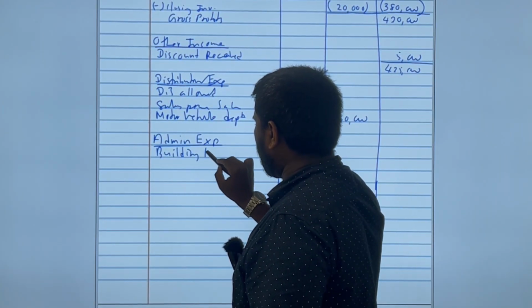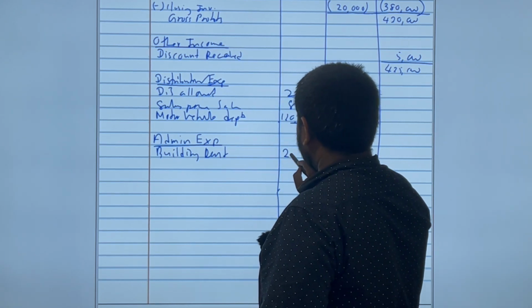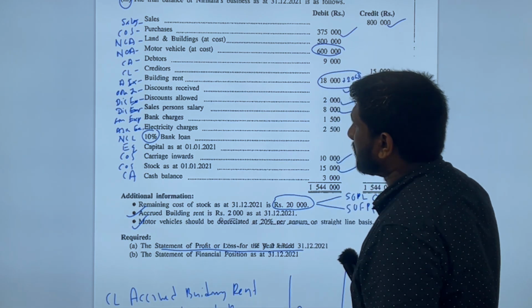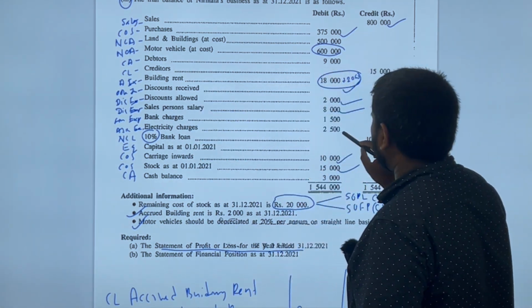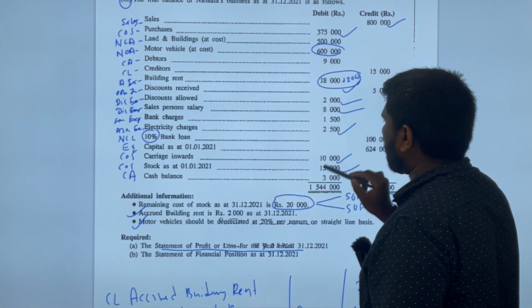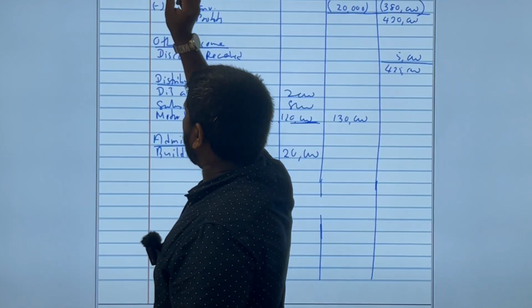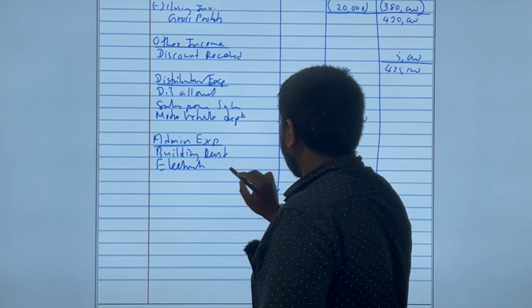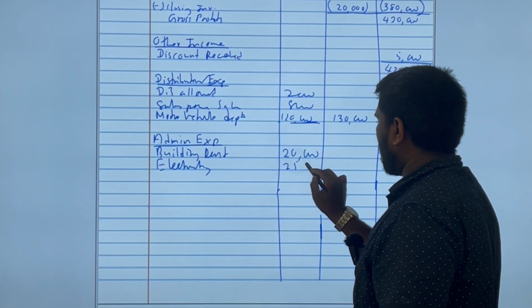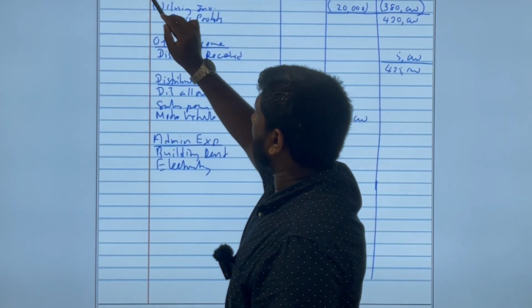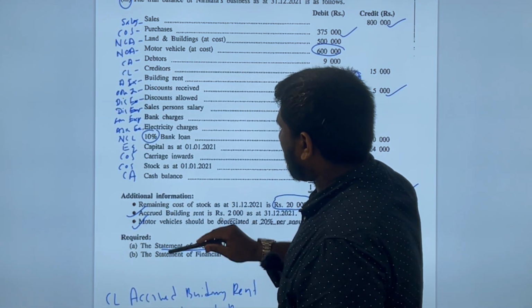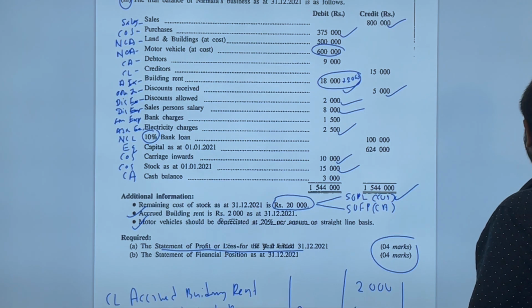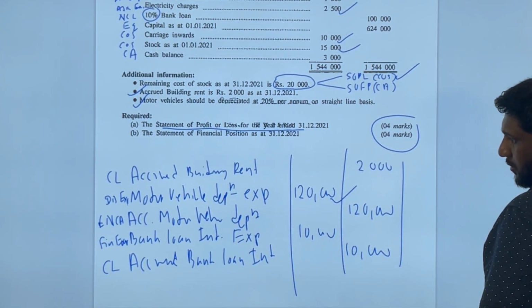And the next one, admin expense, electricity 2,500. What else is there? Admin expense. That's it.